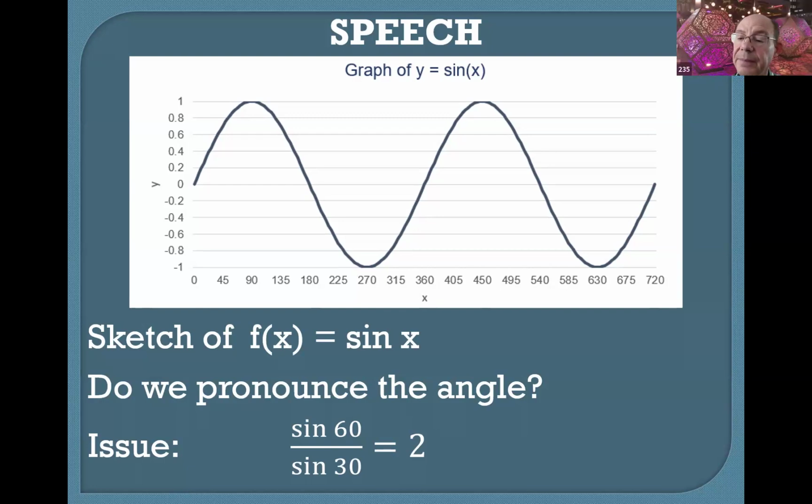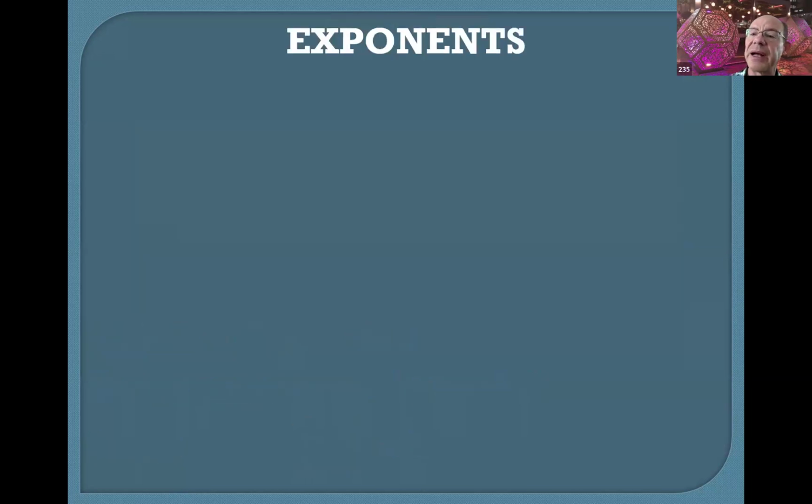Inserting the brackets is possibly going to convey multiplication there, and then they're going to think it's okay again that the 60 and the 30 could cancel down and the sines would. So this links up again with something we mentioned with reference to fractions: the way you write a fraction, and depending on the mode you write the fraction in on a calculator, you could get a different answer. So this now goes to my next bugbear, which is exponents.